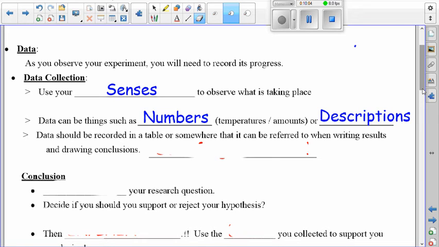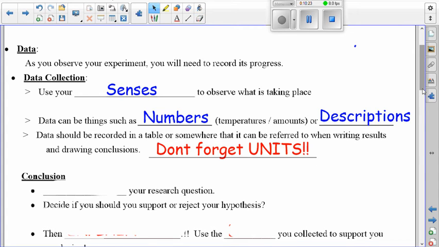Now, data should always be recorded in a table. You guys are going to get a handout from me in a minute here. This guy, in fact, and it has a little data table. So I'm holding up your worksheet. Your data should always be recorded in a table, okay? And I want to make this point. Don't forget your units.